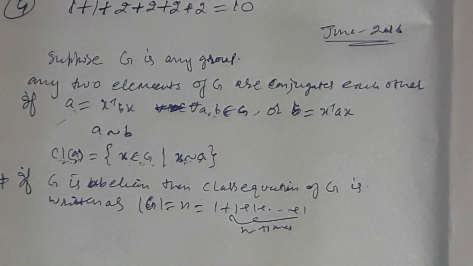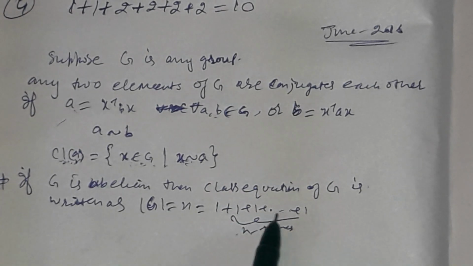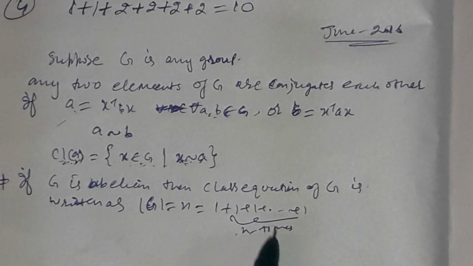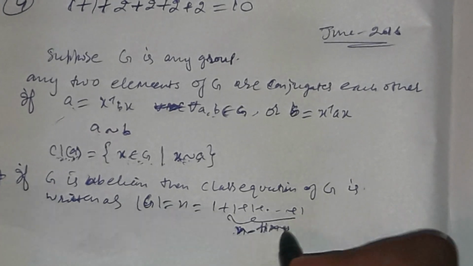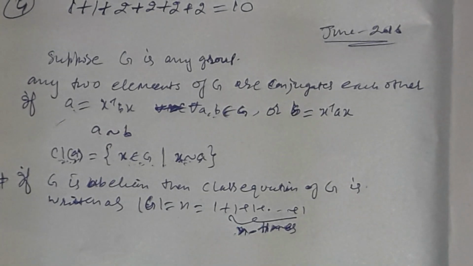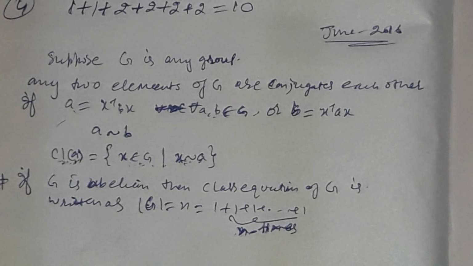If G is abelian, then the class equation of G is written as 1 plus 1 plus 1 up to n times, because each element commutes with every other, and each element is self conjugate.